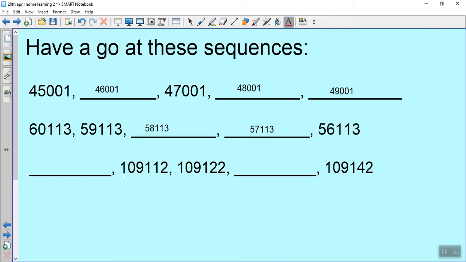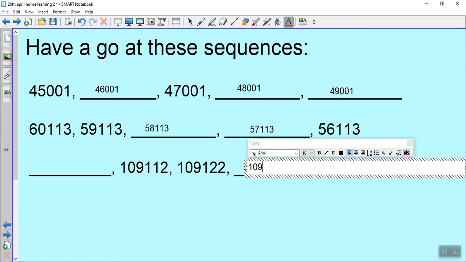Okay, here. So we've got 109,112, 109,122, 109,142. So my hundreds of thousands, tens of thousands, thousands, hundreds and ones are staying the same, but my tens digit is changing. So it goes from a 1 to a 2 to a 3 to a 4.